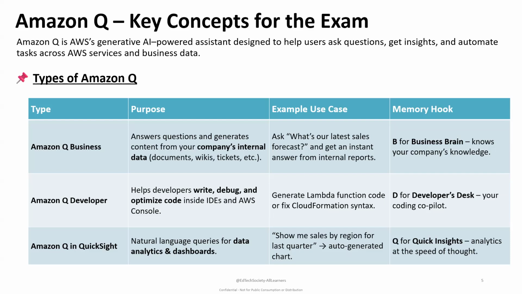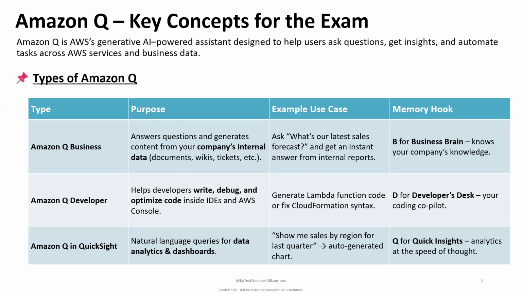So if you are not familiar with QuickSight, QuickSight is an AWS service which is specifically for data analytics and dashboards to show those data, and Amazon Q in QuickSight is integrated here.